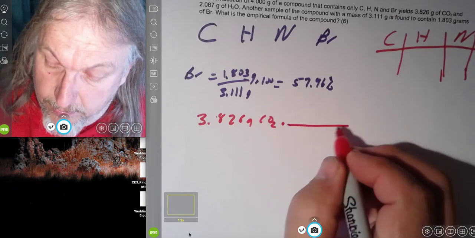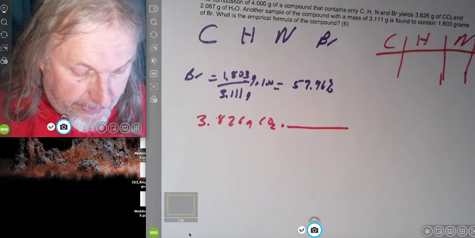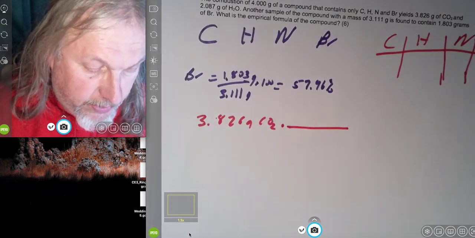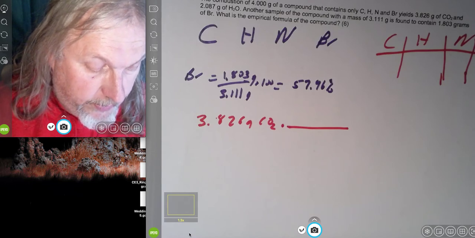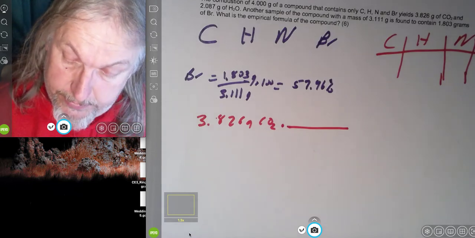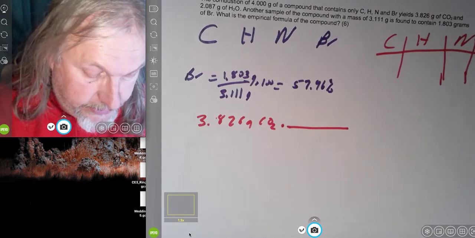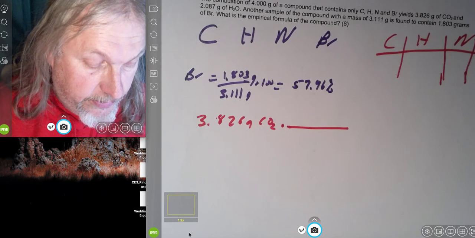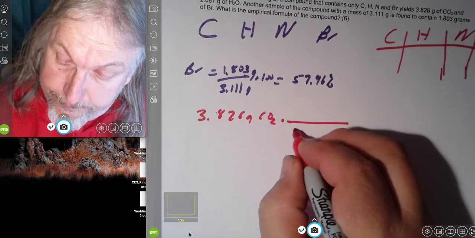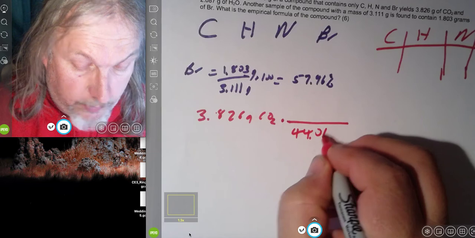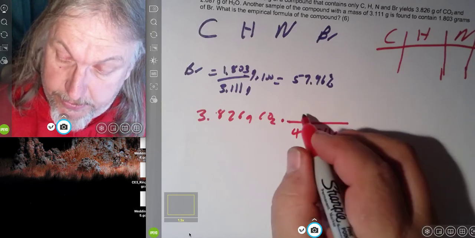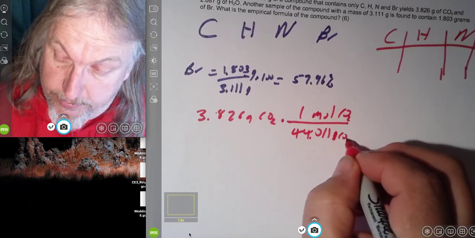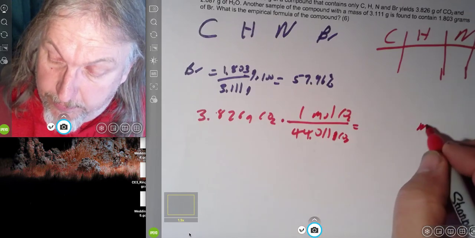Carbon dioxide, I've got to get the formula mass of that. So that's 1 carbon, 12.011, plus oxygen, 2 times 16, 32. That's going to give me 44.011 grams per mole of CO2. That's going to give me moles of CO2.